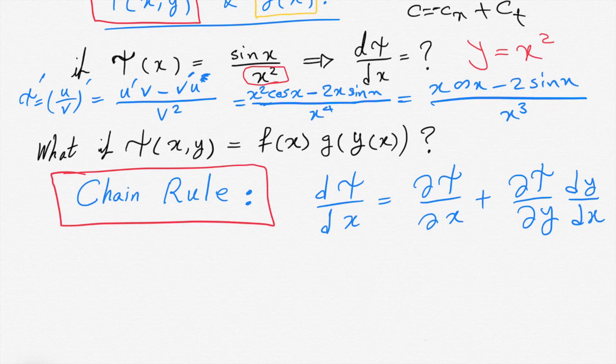We want to talk about chain rule and then see whether this is correct in this example as well or not. So chain rule is that we say that psi is a function of x and y. Therefore, we can write it like f of x times g of y of x, which is not important here at all.